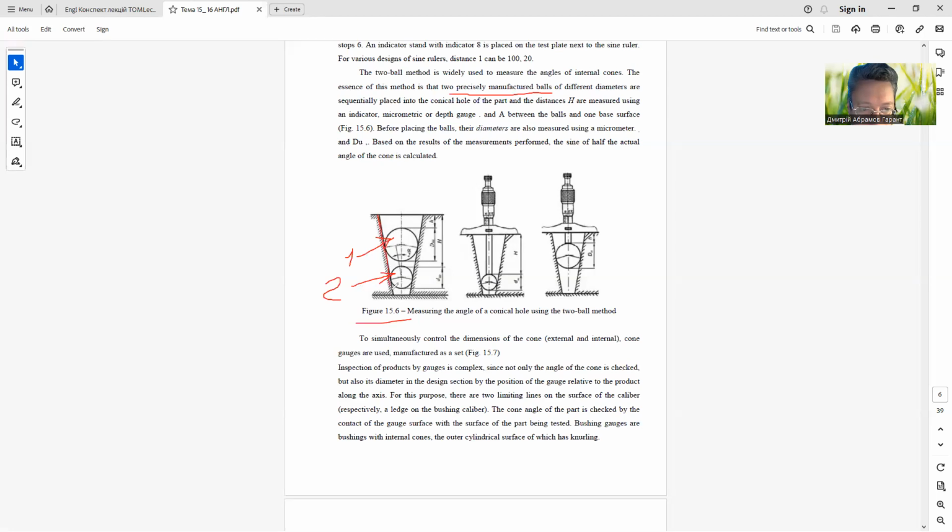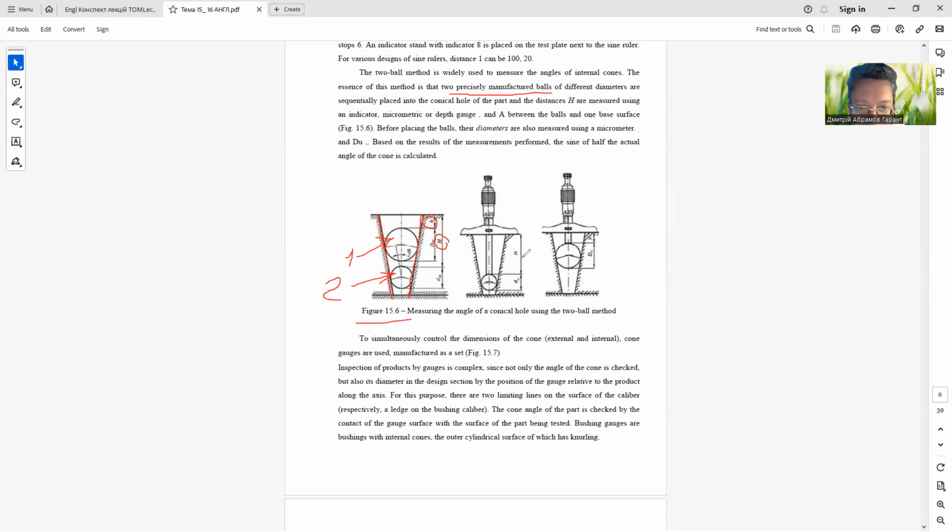It's the conical hole of the part, and the distances h are measured using an indicator. You can see small h and big H.